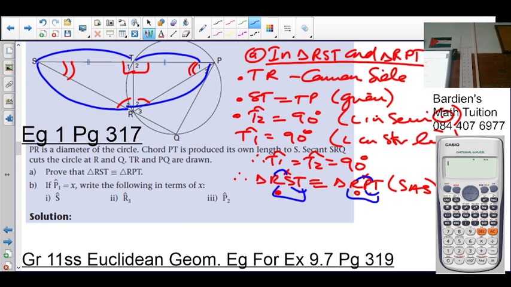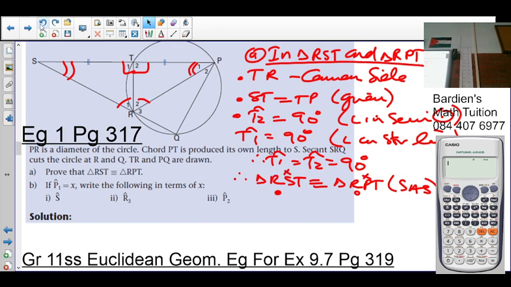You guys understand? That is why order is important. At this point, you won't be penalized if you write the wrong order, but it helps having the right order for the sums to come. Does it make sense? Okay. So just in our mind's eye, at the back of our head, we know that these two triangles are congruent.